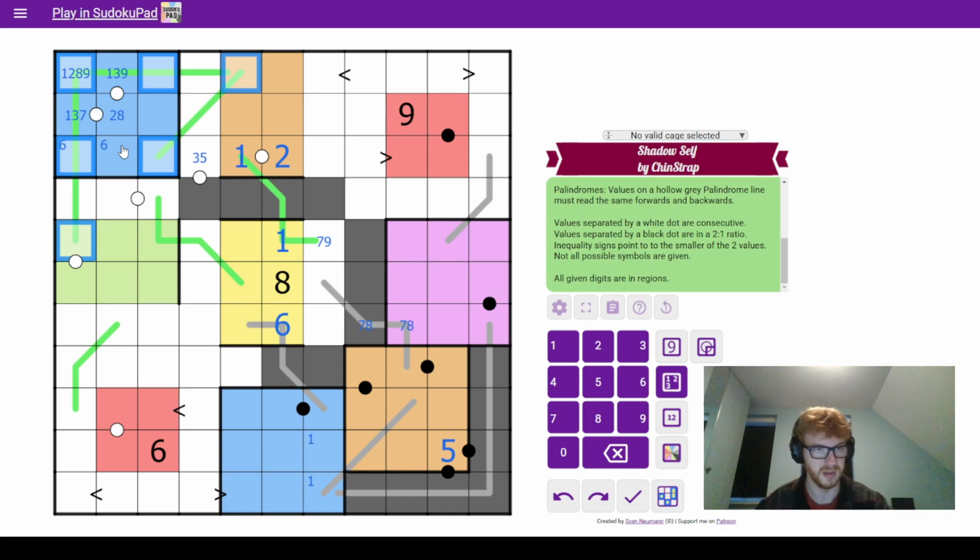So that couldn't be a 6, because if this is the truth, then this is the case where all of these are out and all of these are high. That cannot be a 6, because if that's a 6, then you have too many high digits in the cage.